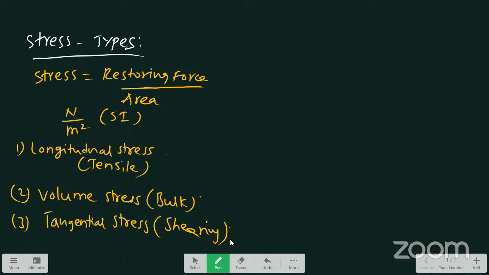What is the meaning of longitudinal stress? It means when deformation force is applied, its length changes. When the force changes length, longitudinal stress is nothing but restoring force per area.